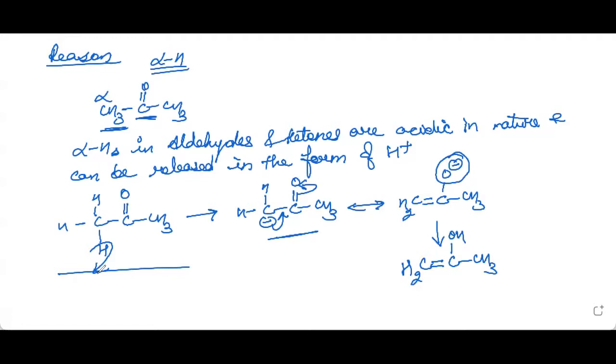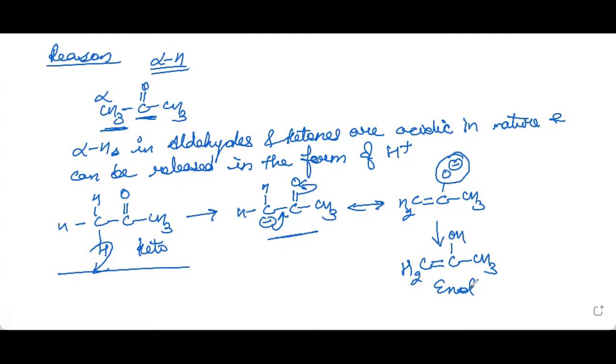I think this much should be clear to you. So these two forms, the keto form and the enol form, keep on converting from one to another, and there is a dynamic equilibrium between the two forms. This is what we call keto-enol tautomerism.